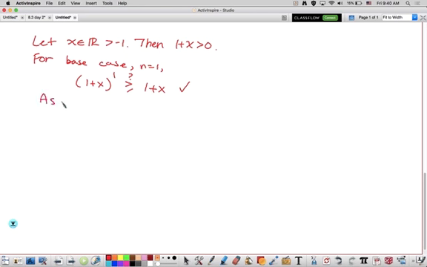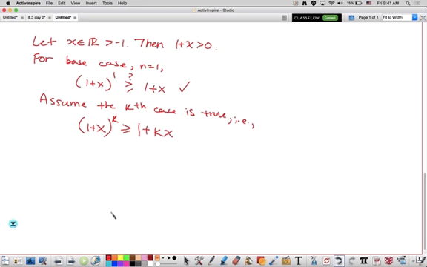So for your next sentence, assume the kth case is true. That is, (1 plus x) to the power of k is greater than or equal to 1 plus kx. Is that right?